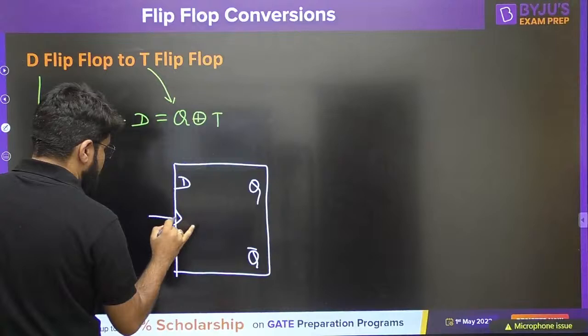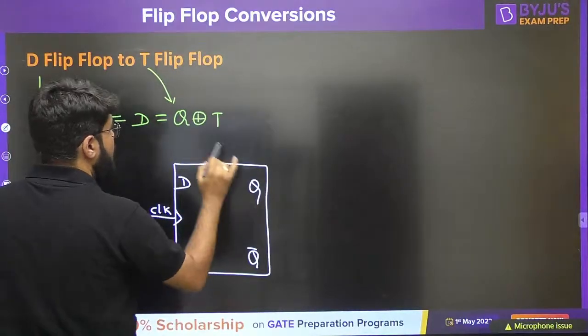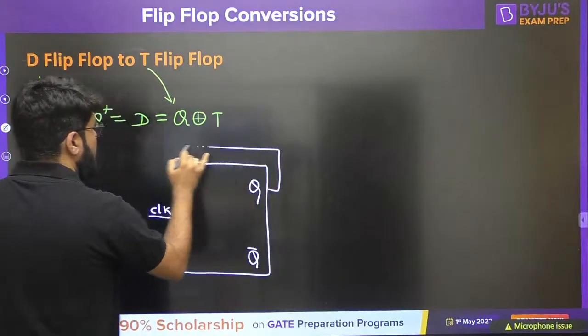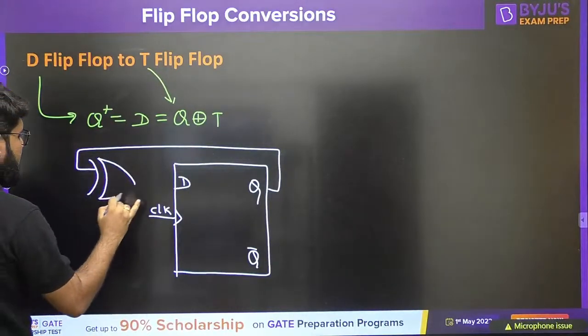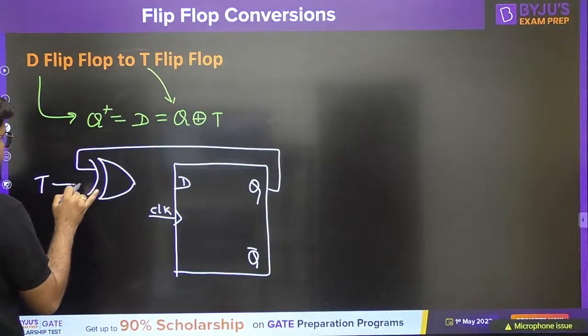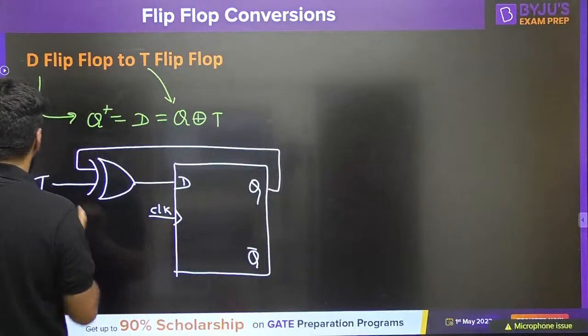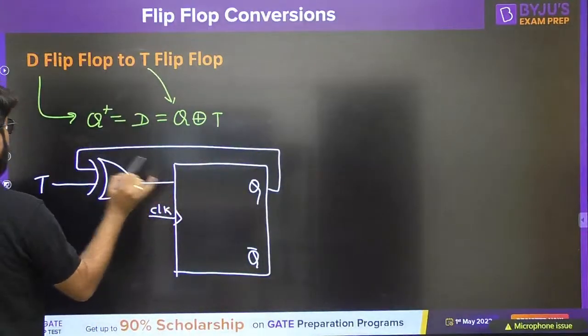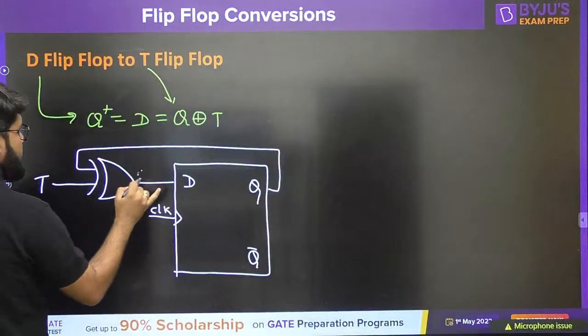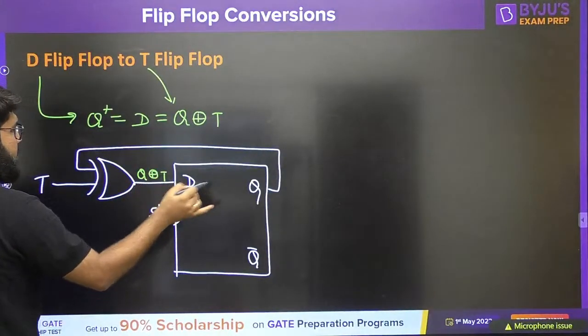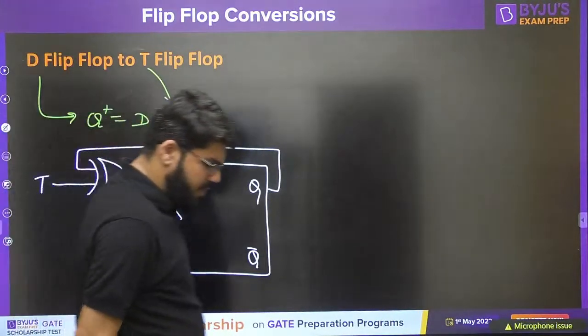This is my regular clock variable. Now I have to take Q, use an external XOR gate, and XOR the Q with the variable T. Done. This is Q XORed with T. That's it.